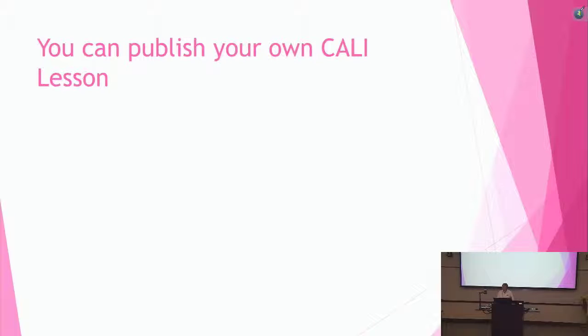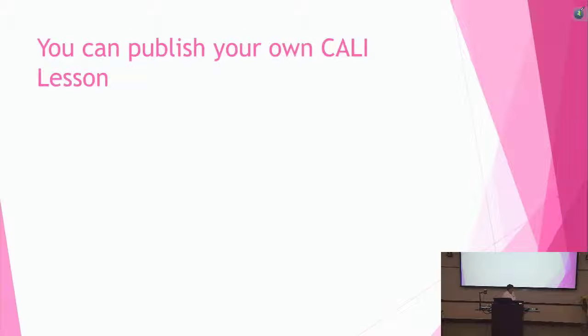Instead, it's on a unique URL. You share that unique URL with your students through Lesson Link, and they can easily find it. You can add it to one of your course pages to show them all the lessons that you've included, and then you can see the analytics for it.